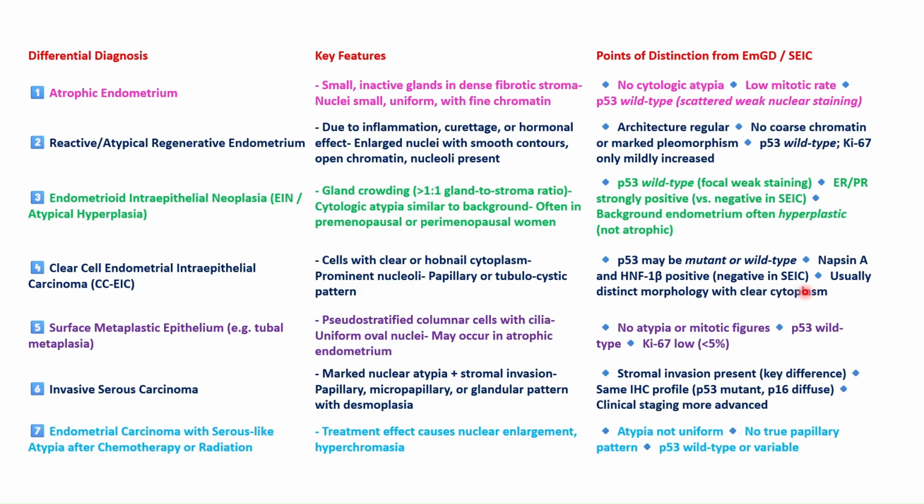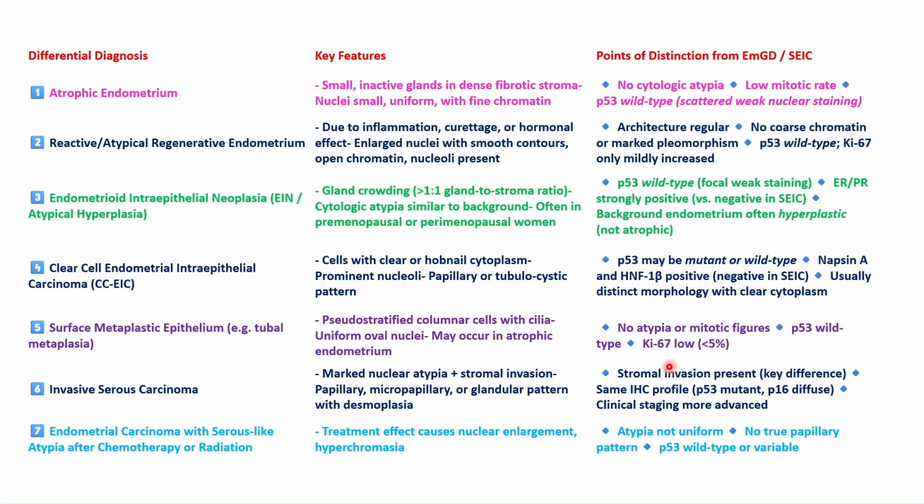Usually distinct morphology with clear cytoplasm is helpful. Now tubal metaplasia shows pseudostratified columnar cells with cilia, uniform oval nuclei, and may occur in atrophic endometrium but with no atypia, no mitotic figures. P53 is wild type and Ki67 low.